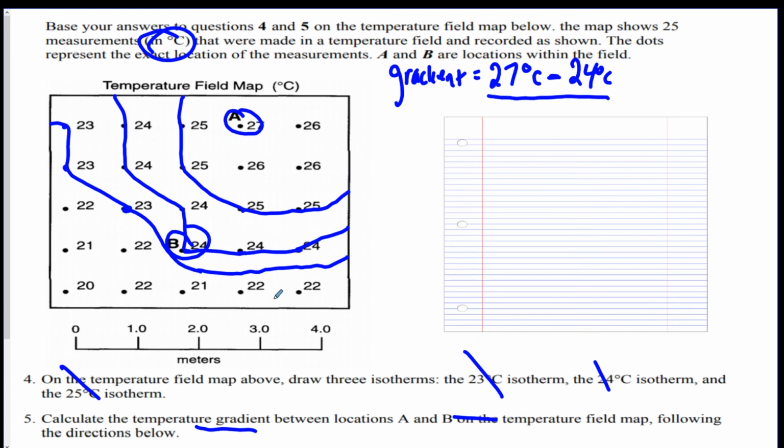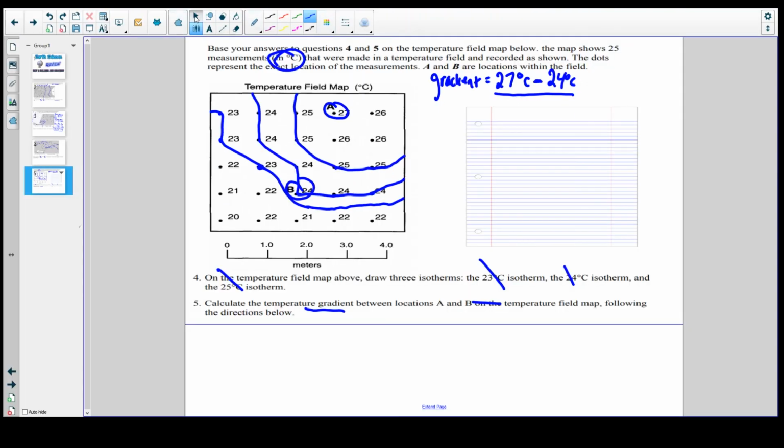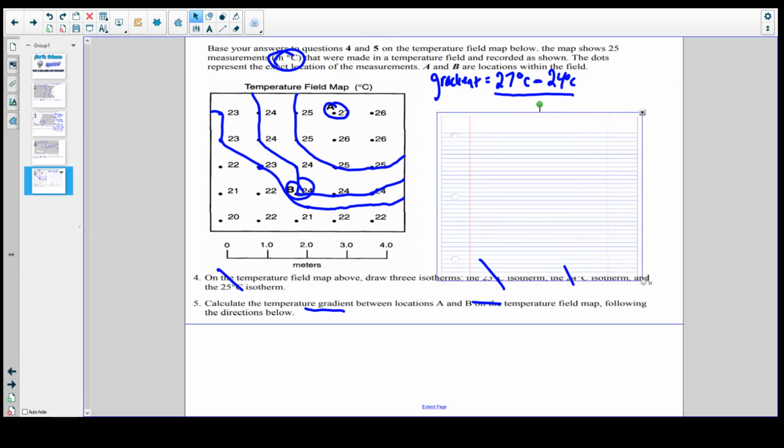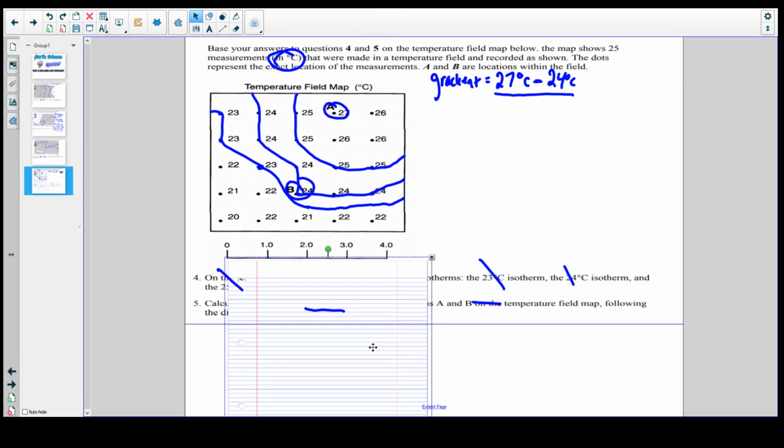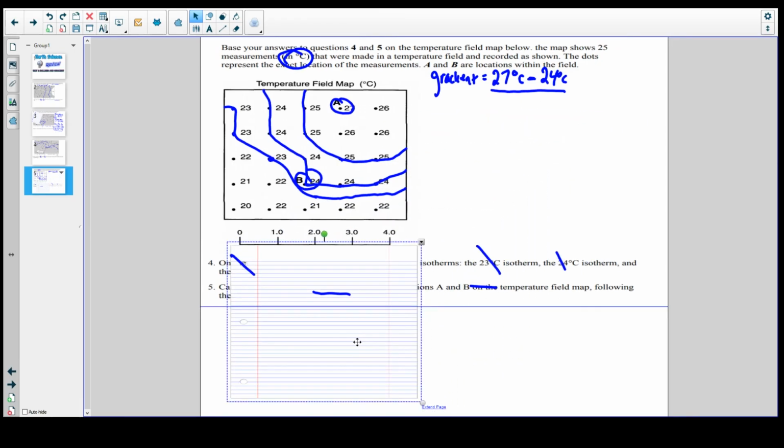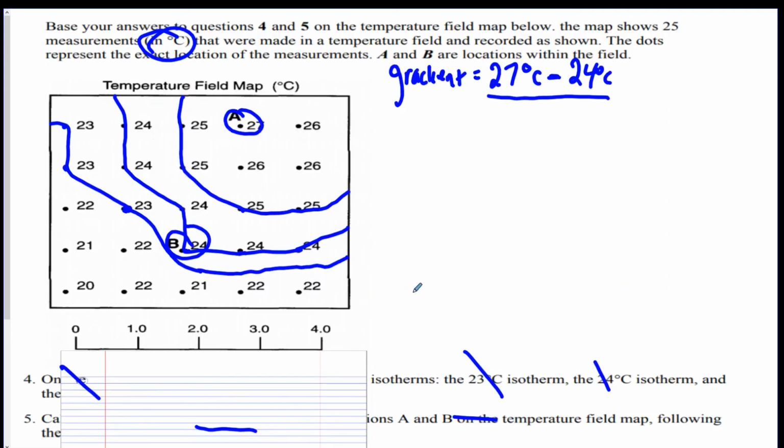Now to get the distance, remember we've got to use the scale and our scrap piece of paper. So I have my little scrap piece of paper here. We're going to do the same thing I did last time. I'm going to take our scrap paper and line it up to the scale. Try not to use the edge of the scrap paper when you do it, because it's not going to be as accurate.